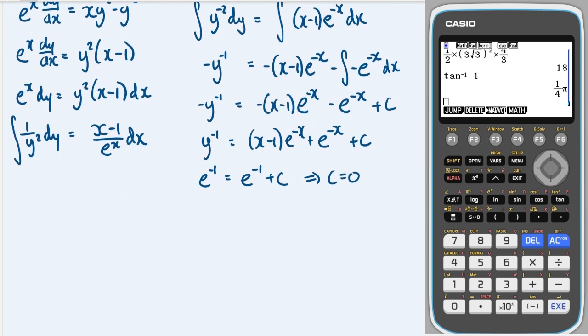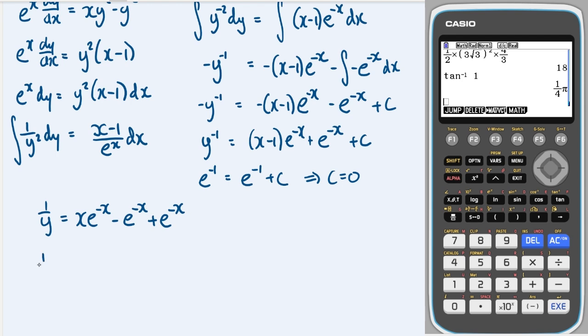Okay, so we have y to the minus 1, which is 1 over y, is equal to, and let's expand this out, so I get x e to the minus x minus e to the minus x, and then plus an e to the minus x, and c is 0.